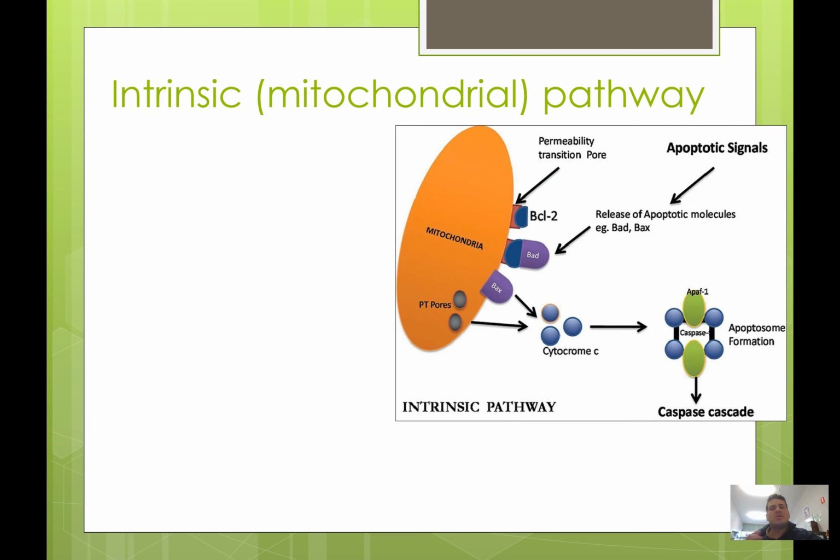All right, let's talk about the two different pathways to get apoptosis started. First, let's talk about the intrinsic or the mitochondrial pathway.